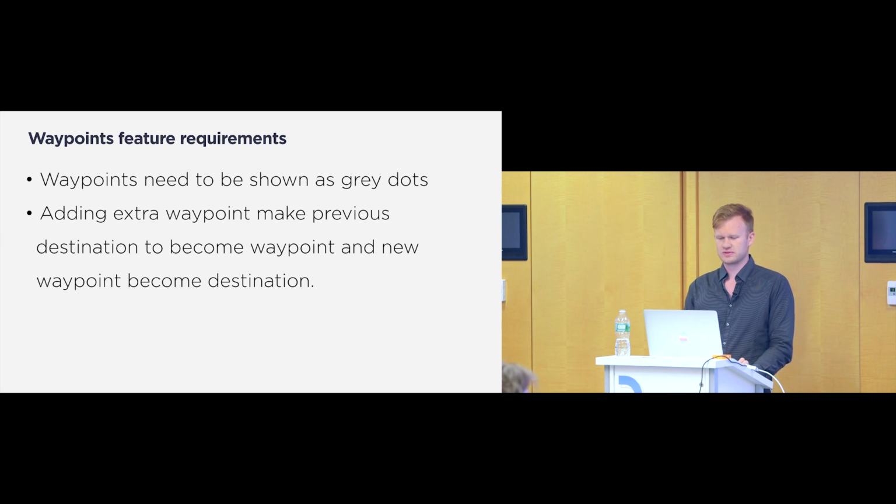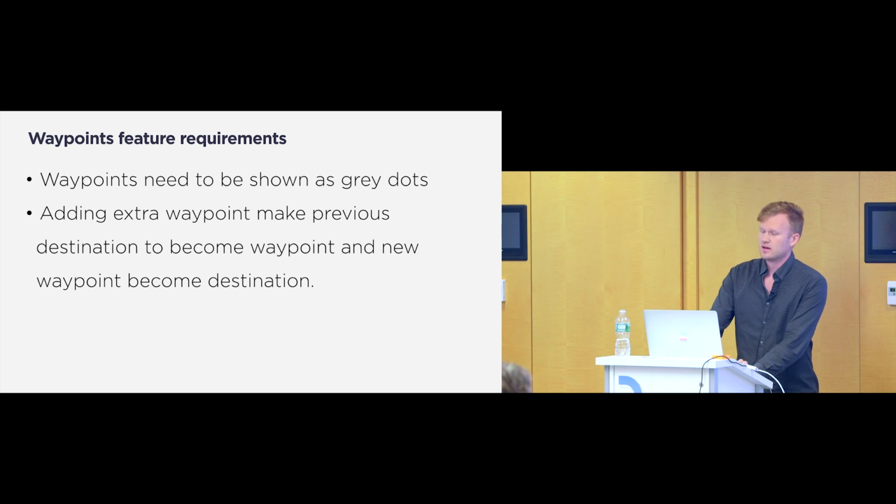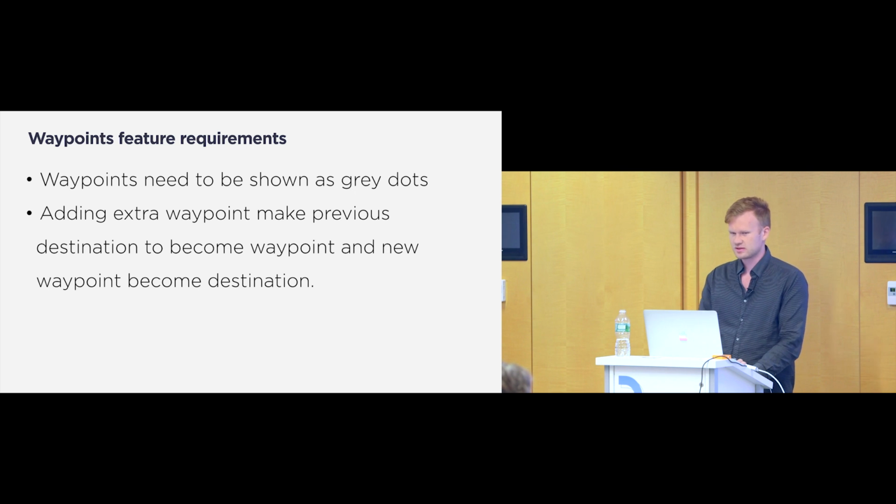The requirements for this feature are that waypoints need to be shown as gray dots on the map. And the second requirement is more interesting: when a new waypoint is added, the previous drop-off should become a waypoint, while the new waypoint will become the new destination.